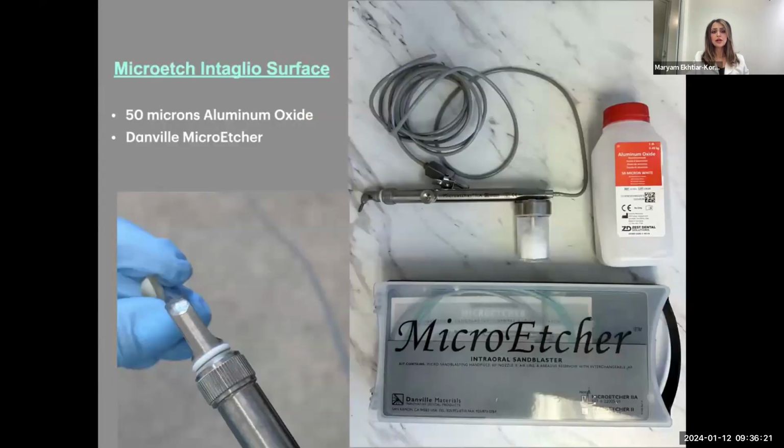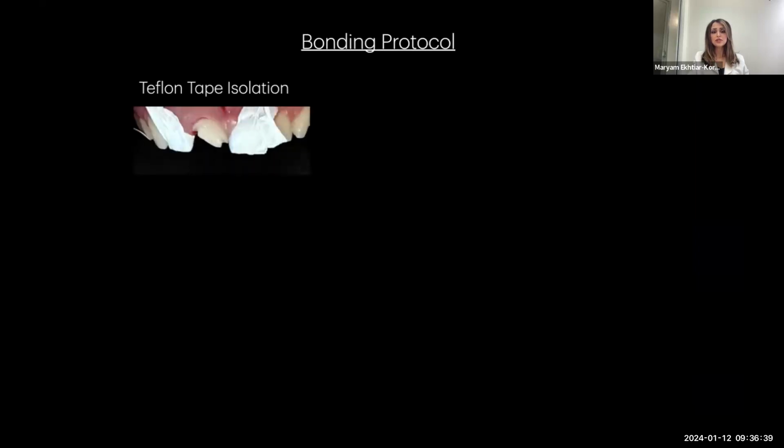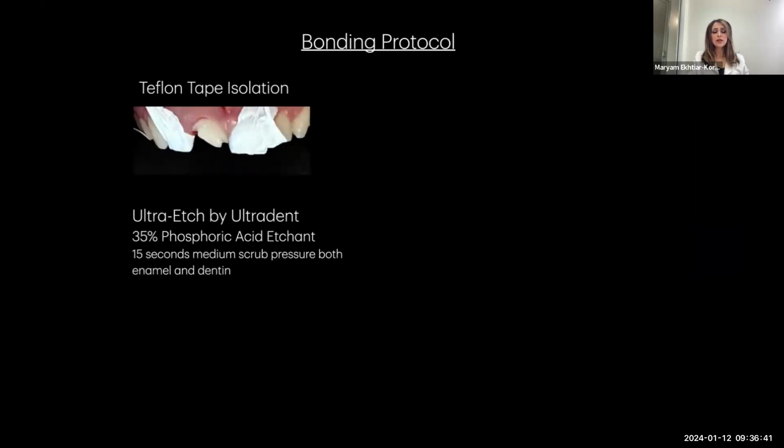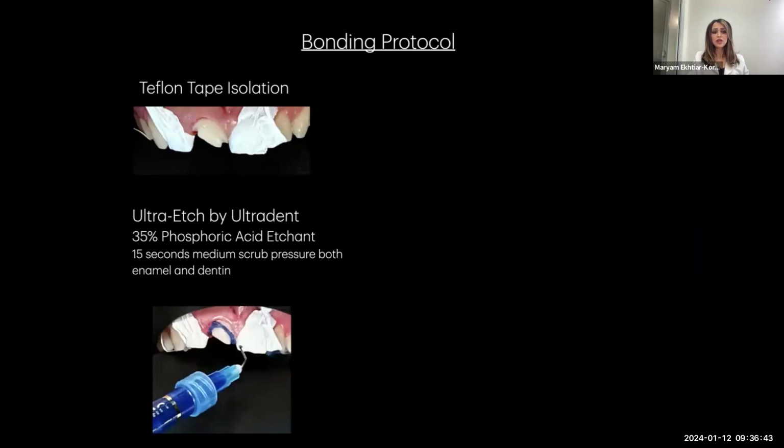From there, I micro etch the intaglio surface of the restoration using 50 microns of aluminum oxide and my Danville micro etcher. For bonding, I isolate with Teflon tape and I use Ultra Etch by Ultradent.